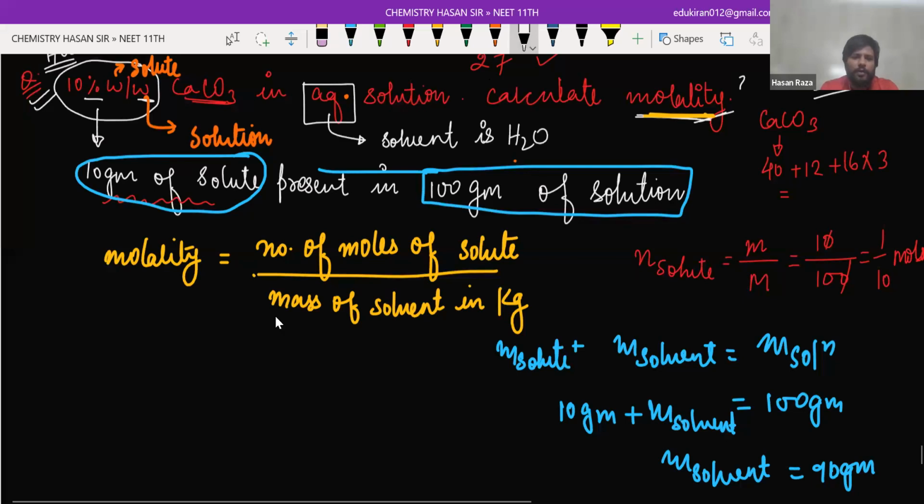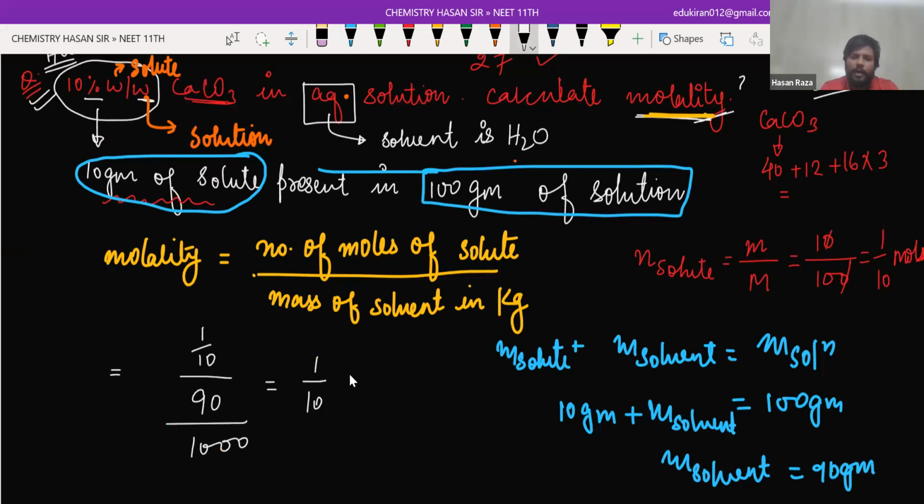Now molality equals the number of moles of solute, 1 by 10, upon mass of solvent, 90 gram, but we need to convert this into kg always. So it will be 1 by 10 into 1000 upon 90.